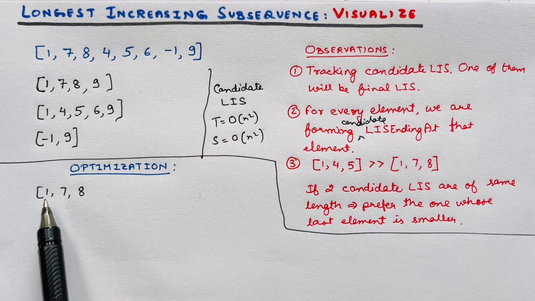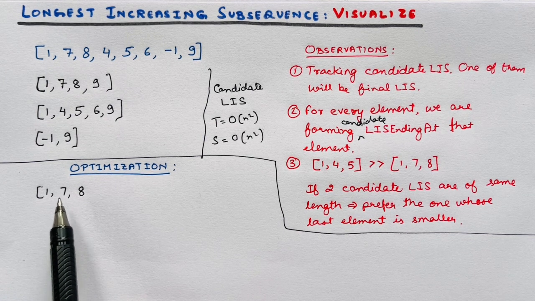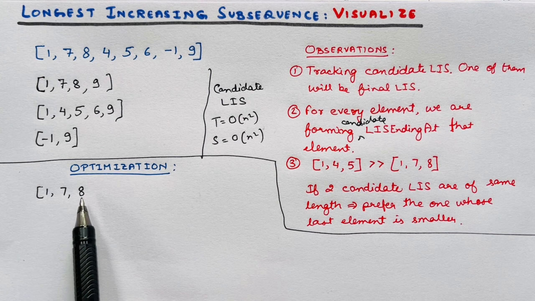Here we can say that we have an LIS of length 1 that ends at 1. Here we can say that we have an LIS that ends at 7 and whose length is 2. Here we can say that we have an LIS that ends at 8 and whose length is 3.